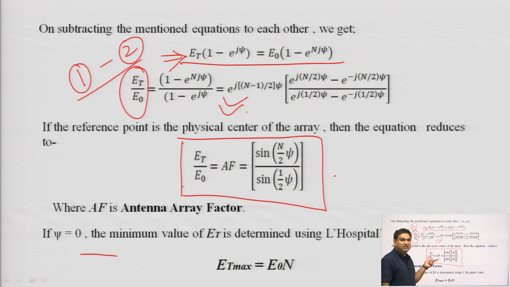What this formula says is that Et upon E naught, where Et is the resultant field strength at the distant point P due to n number of point sources which are placed at a coordinate system 1 to n, and which are having the distance d and a uniform progressive phase shift, and the phase is given as psi equal to k d cos phi plus alpha.